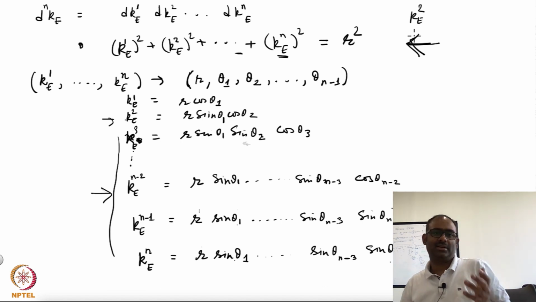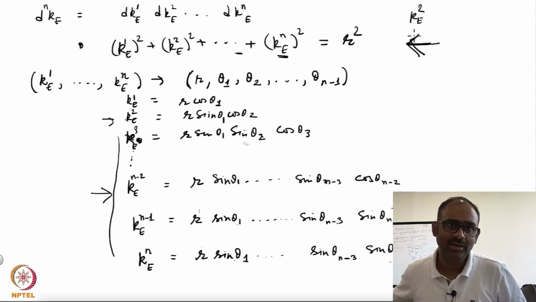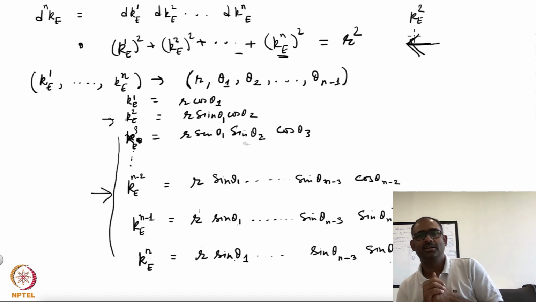So, this is the parameterization in n dimensions when you are looking at spherical coordinate system.